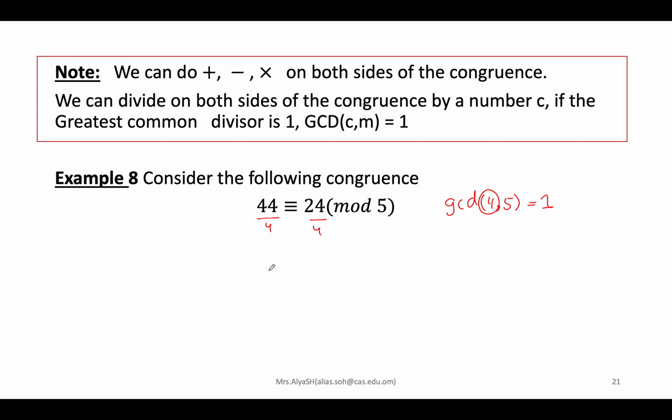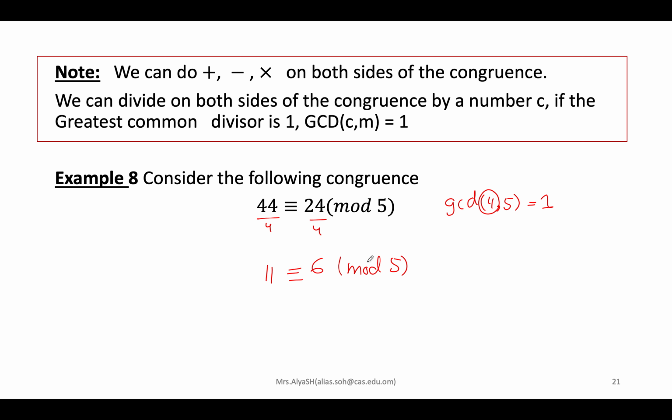So 44 divided by 4 gives us 11, and 24 divided by 4 gives us 6, mod 5. Again, the relation is not changed, because whenever I divide those numbers by m, I'm getting the same remainder.